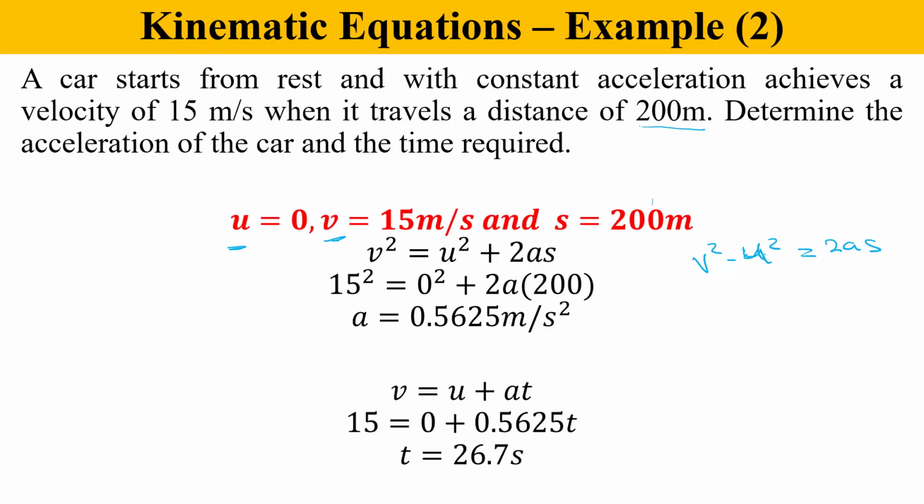And you want a, so you're going to divide both sides by 2s. You want to make a the subject, but you have 2s multiplying it, so you must divide both sides, and that will cancel that, that will cancel that. And therefore your acceleration is v squared minus u squared upon 2s.